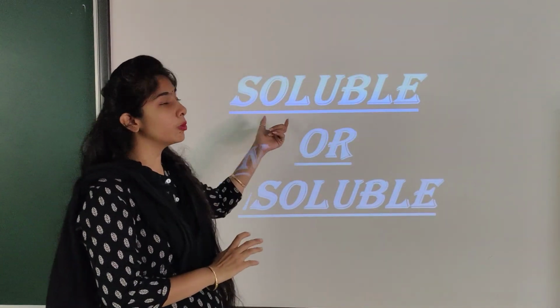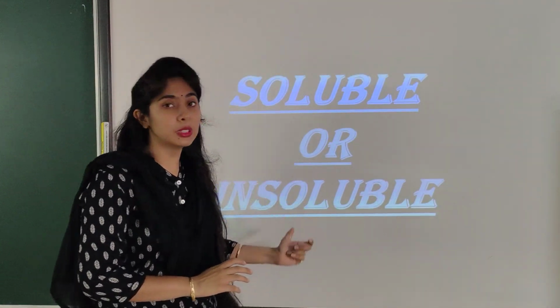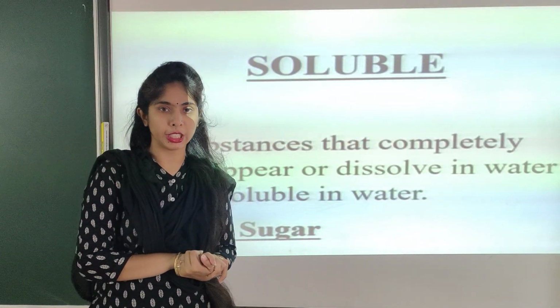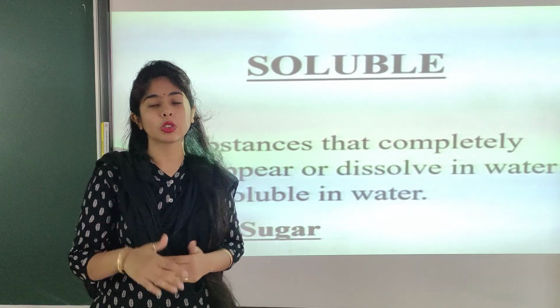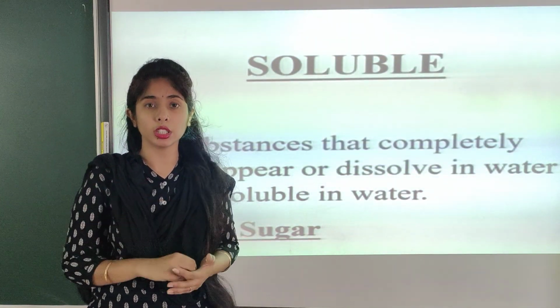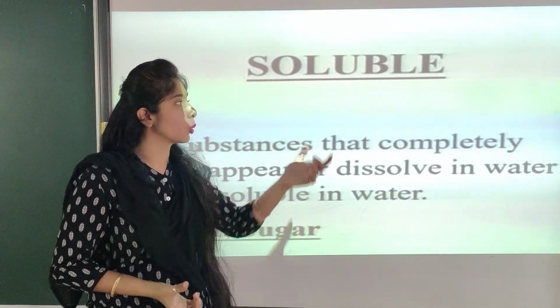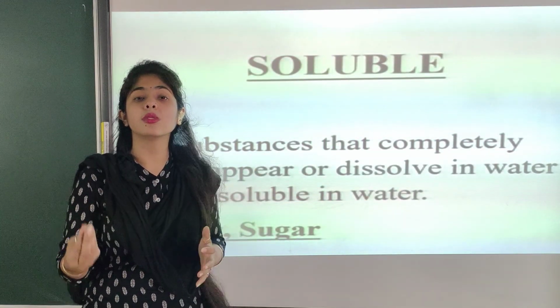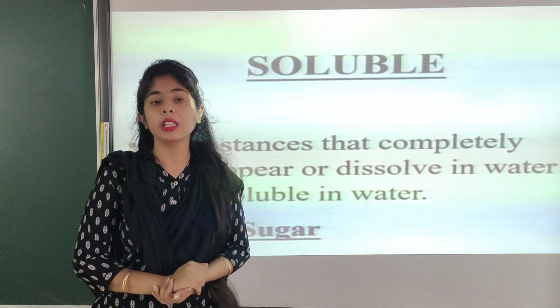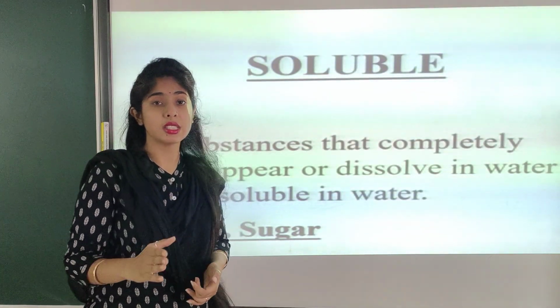Now, soluble or insoluble material. So children, what are the soluble materials and what are the insoluble materials? The things which are dissolved in water or any liquid material are known as soluble, and the things which are not dissolved in water or any other liquid material are known as insoluble material.